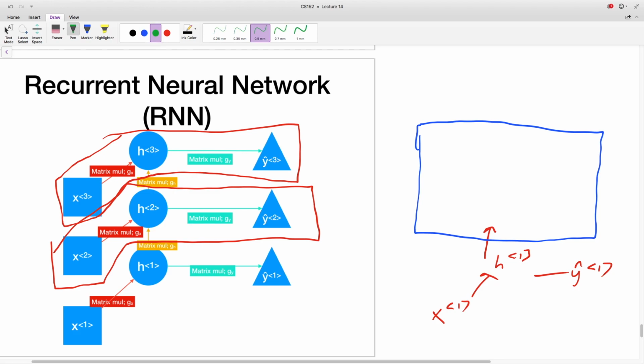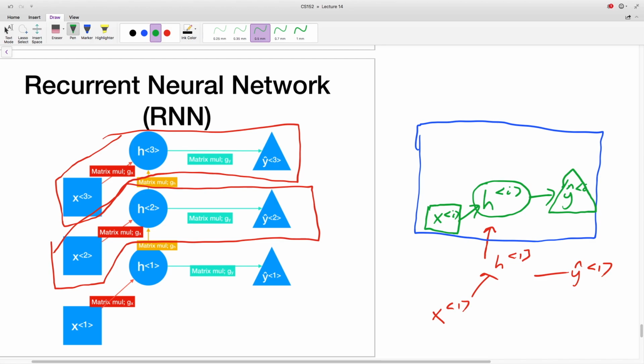And so we'll have, let's say, h_i outputs y hat at i, and takes as input x_i, and we need to somehow represent the fact that we are doing this multiple times.